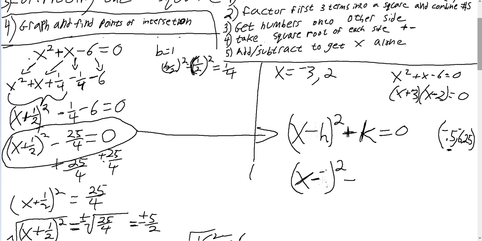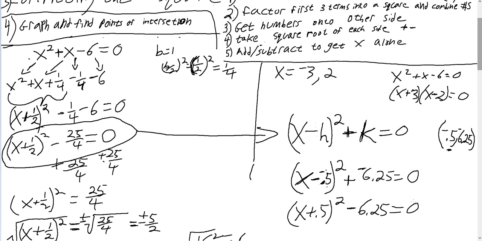So negative 0.5, and plus k is negative 6.25. And this is actually the same as this. We just need to clean it up a little bit. Subtracting a negative here is the same as adding, so this is the same as x plus 0.5 squared. Adding a negative is the same as subtracting, so this is minus 6.25 equals 0.